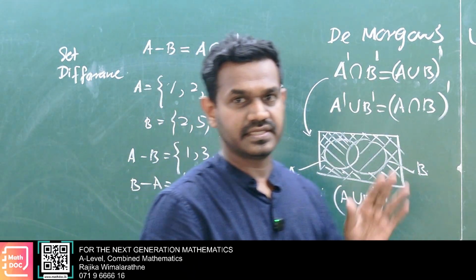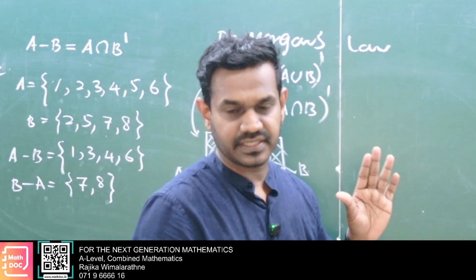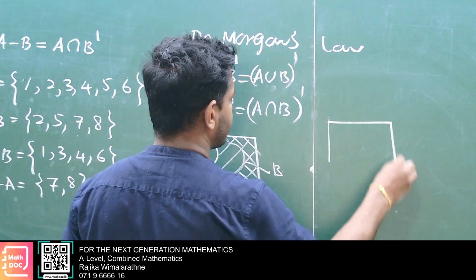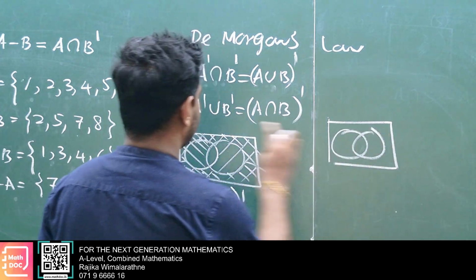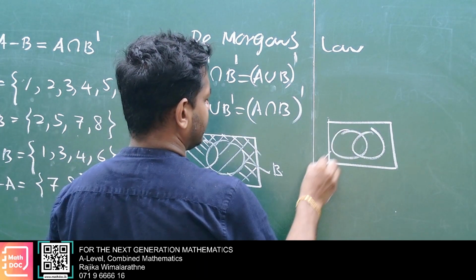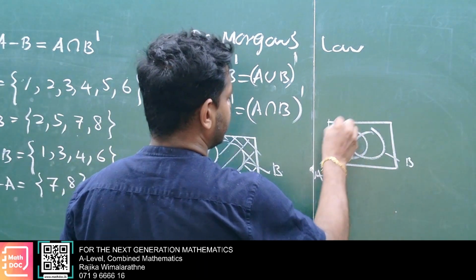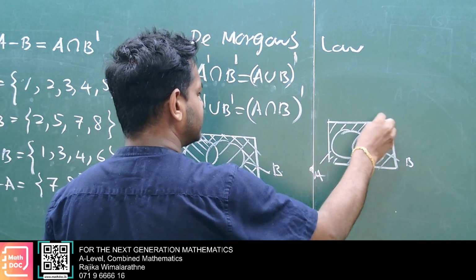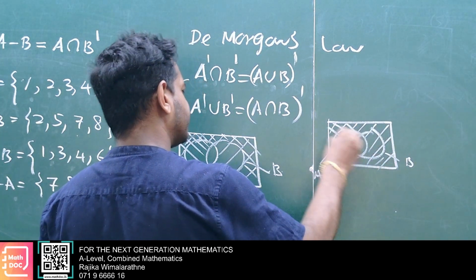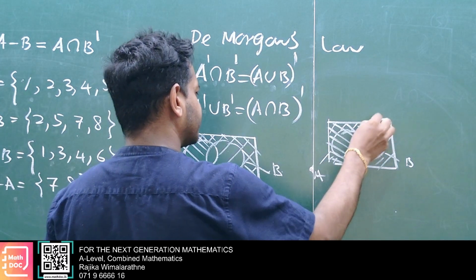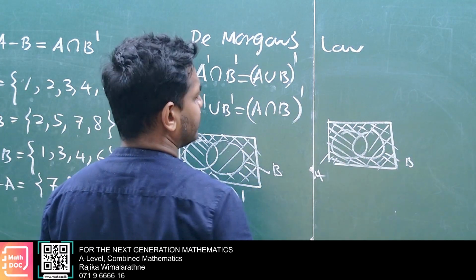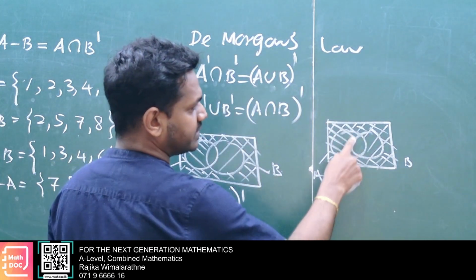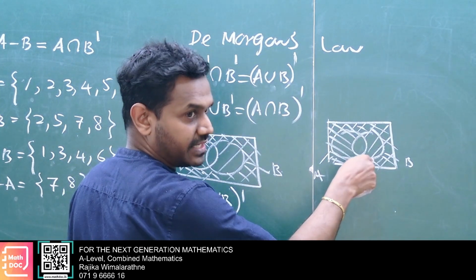Similarly, the other case, let's sketch a Venn diagram. A dash, here A, here B. B dash. Then union means all shaded region, then intersection does not belong there, no?